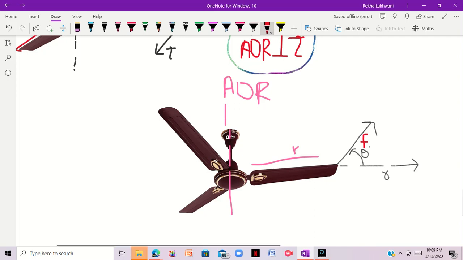As you can see, the torque vector and the axis of rotation are both parallel to each other over here.